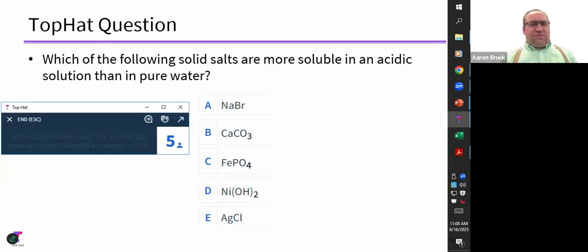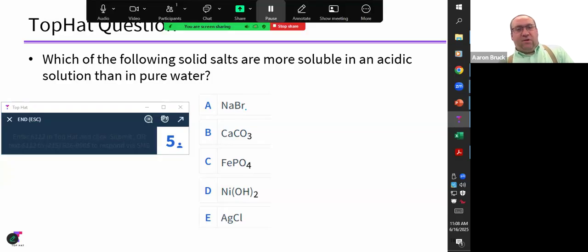So the key to this particular question is identifying bases, in particular, identifying basic salts. Because the ones that are basic, the ones that have conjugates that are weak acids, those are the ones that are going to be more soluble in acid.